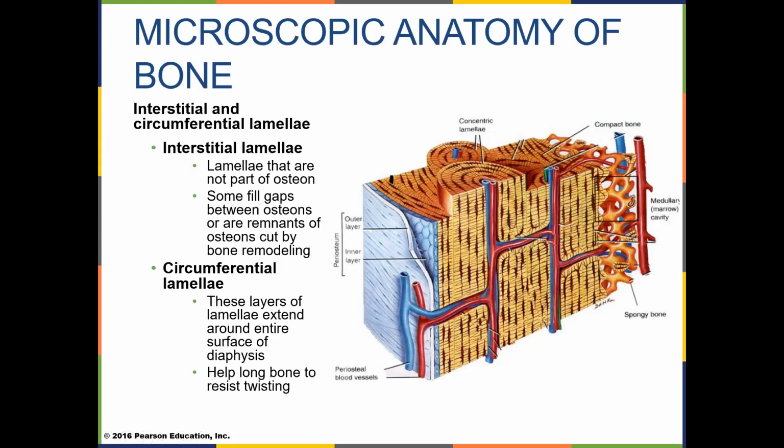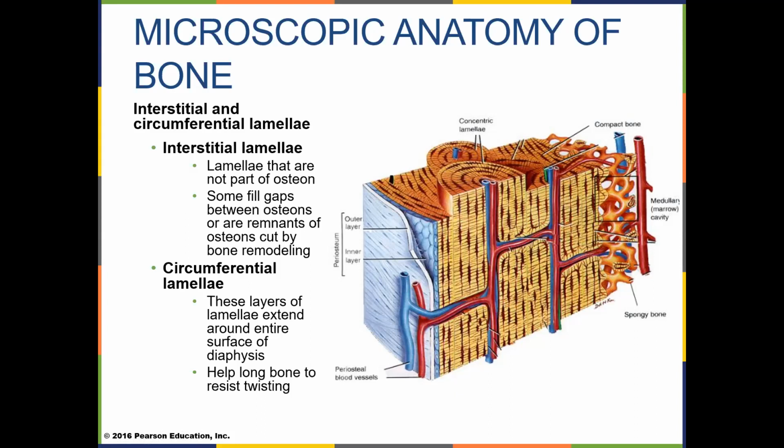Interstitial is a term that we use when we're describing filling in the spaces, because we use interstitial cells, they're going to fill in the gaps around other structures. So we have interstitial lamellae.